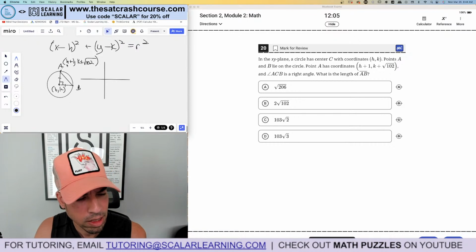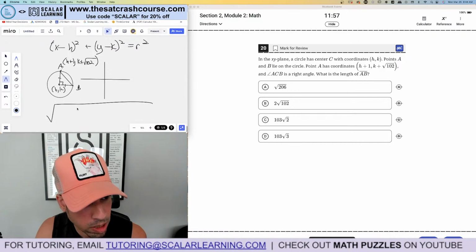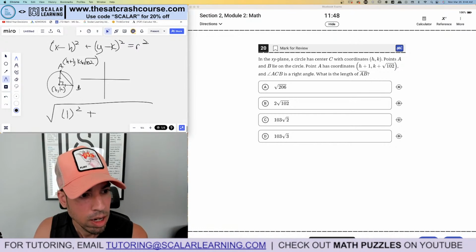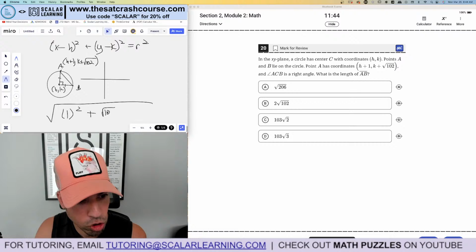So I can get the distance from here to here, and then use the Pythagorean theorem. The distance formula is the difference of the x's, so h plus 1 minus h, which is 1 squared, plus the difference of the y's, k plus rad 102 minus k, which is rad 102 squared. That's 1 plus 102, which is 103.